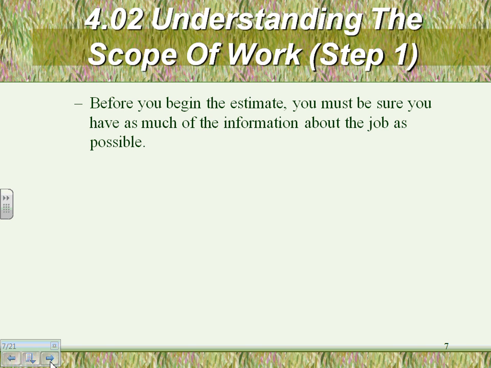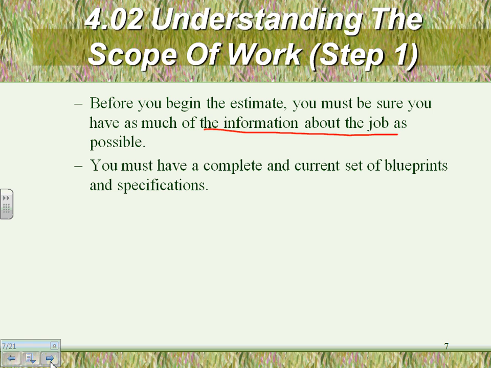So this is what we're going to do, guys. We're going to digest these things deeper, starting with understanding the scope of work. Make sure you have all the information you need about the job. We're taking each one of these tips and digesting it a little bit more. So get all the information, complete, and a full set of blueprints and specifications.